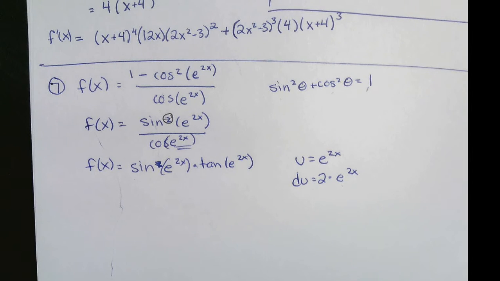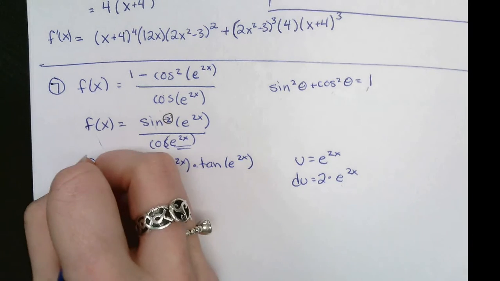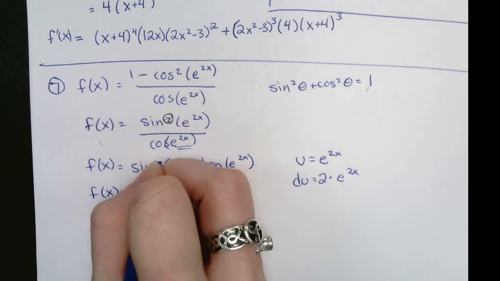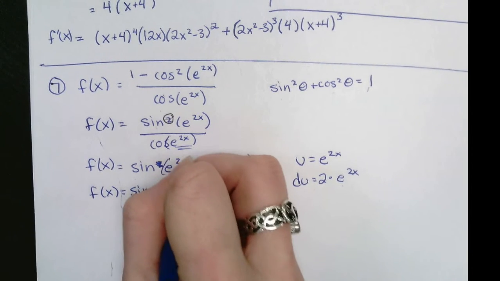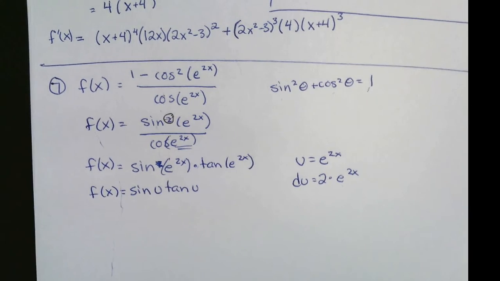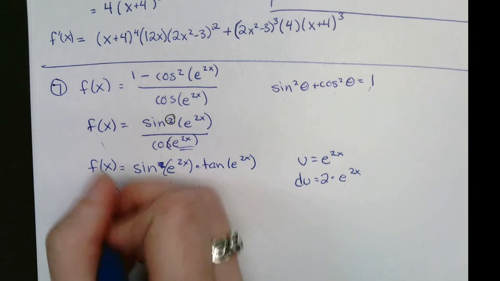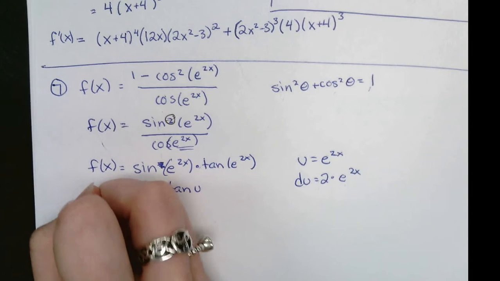So I'm going to replace that u. That means I have f of x equals a sine of u times a tangent of u. What about the du? I haven't done a derivative yet. Oh, okay. Yeah, so now we're doing our derivative, f prime of x.